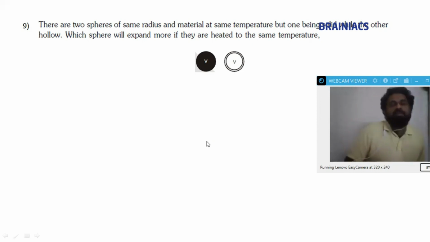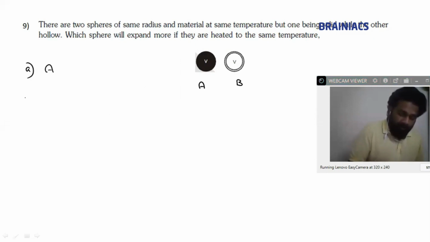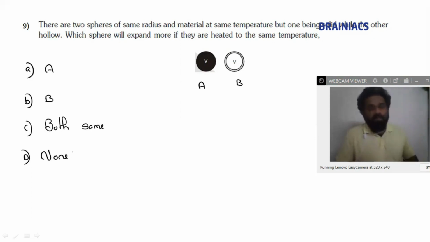If we call this one A, this one B, the options can be: A will expand more, B will expand more, both same, or otherwise not enough data or none.